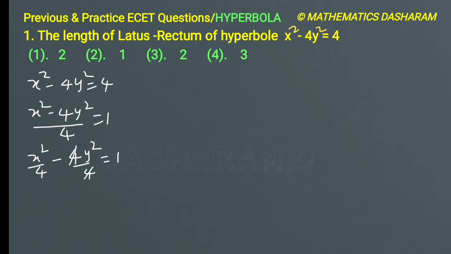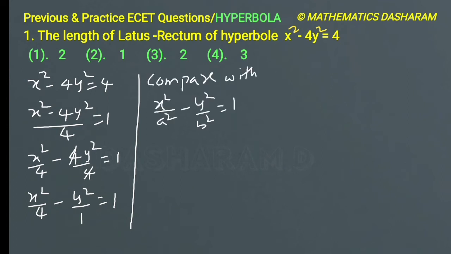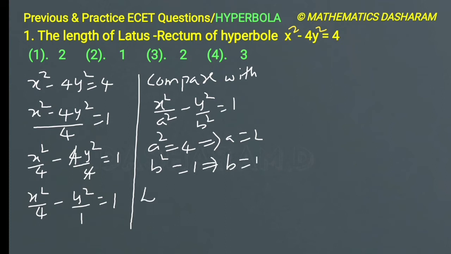Here 4 cancel, x square by 4 minus y square divided by 1 equals 1. Now compare with the standard form of the hyperbola. So here a square equals 4, then a equals 2, b square equals 1, so then b equals 1.